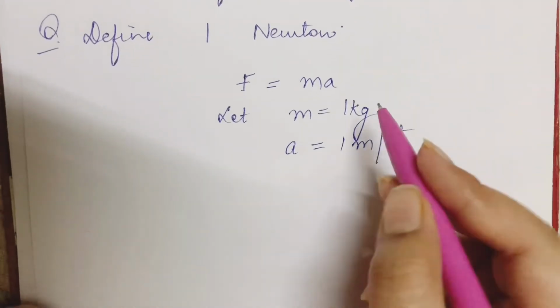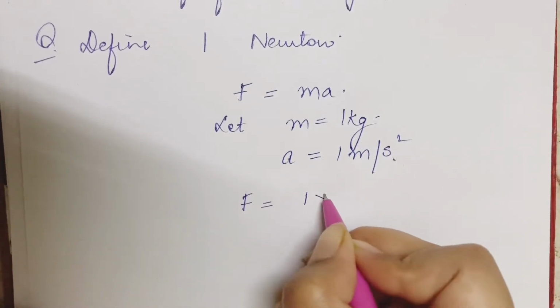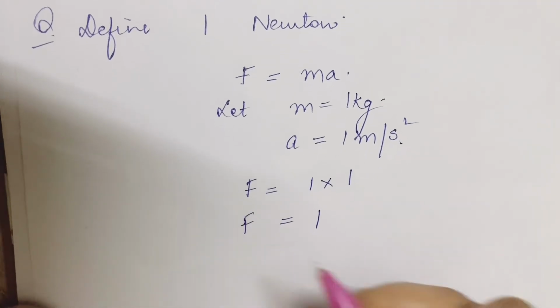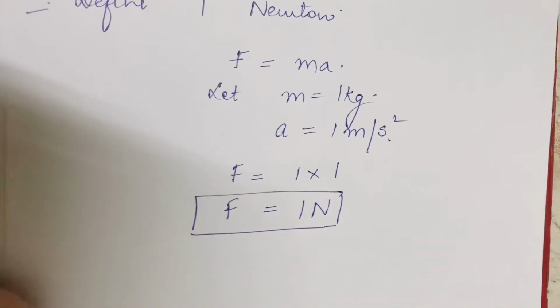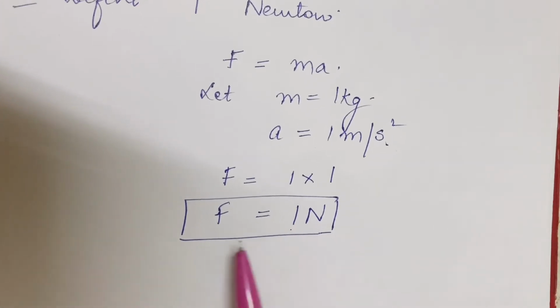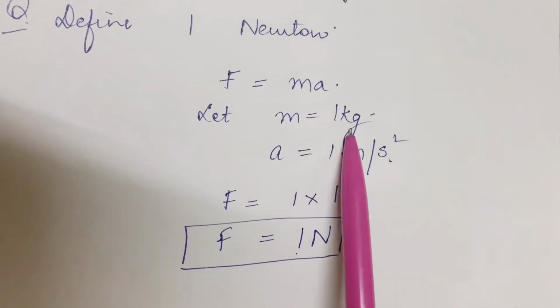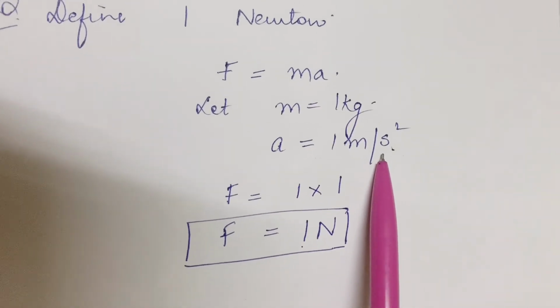Can I substitute these values in this equation? Then force will come out to be 1 into 1, which is equivalent to 1. So in this case, I can say that force is equivalent to 1 Newton. So 1 Newton of force is defined as when mass is 1 kg and acceleration is 1 meter per second square.